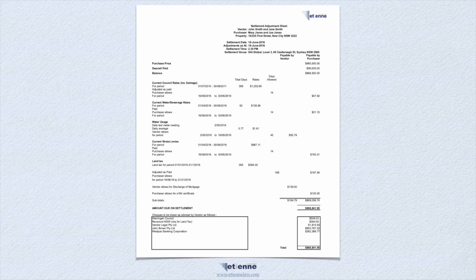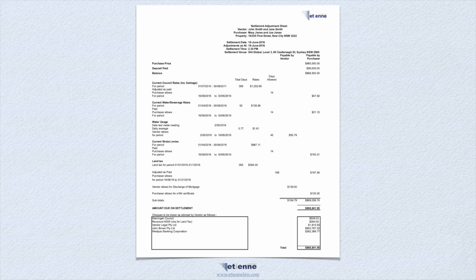We then contact the vendors to find out who they want the $868,841.95 to be paid to. Are cheques needed for them to discharge an existing mortgage, and do they need cheques for third parties? We do this after taking into account any cheques that have to be drawn from the net balance for adjustments for council, water rates, land tax, as the case may be.